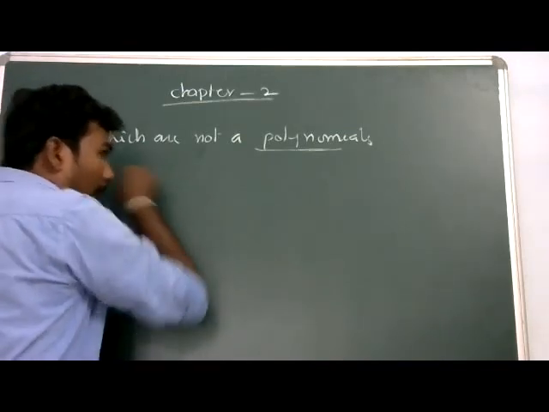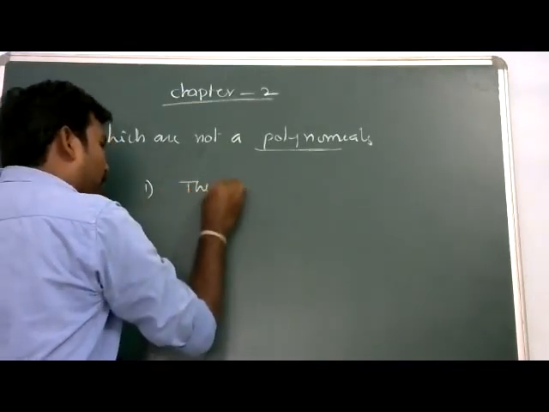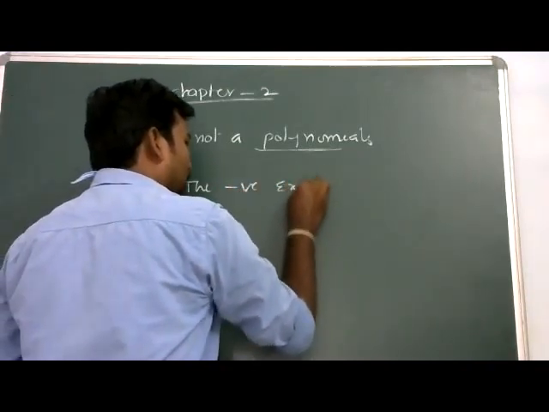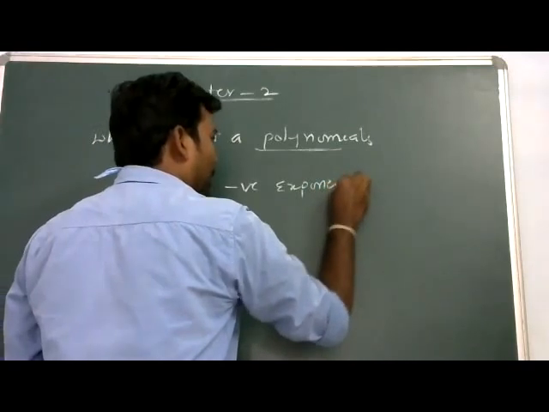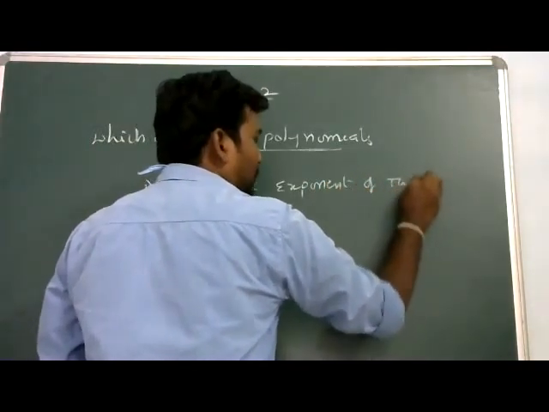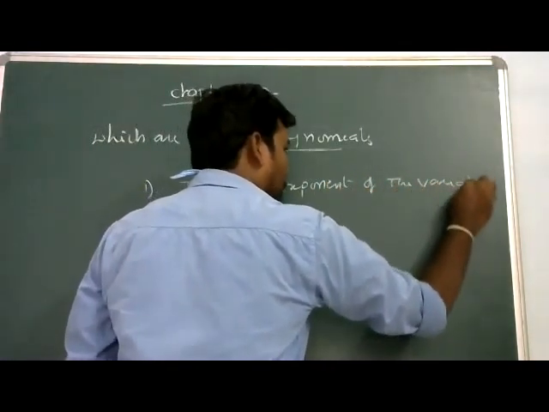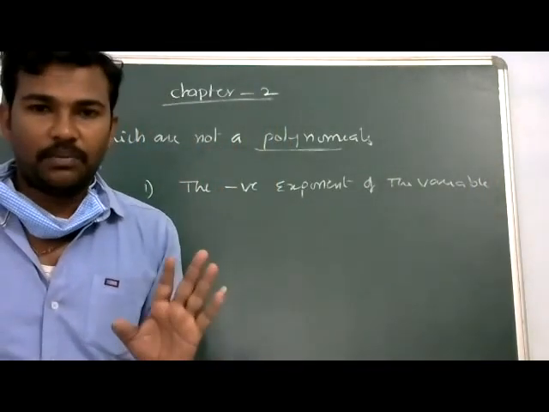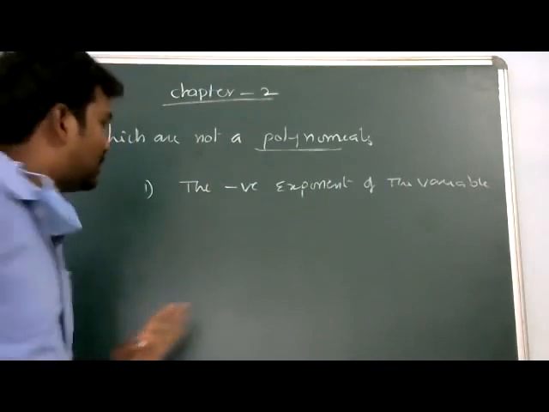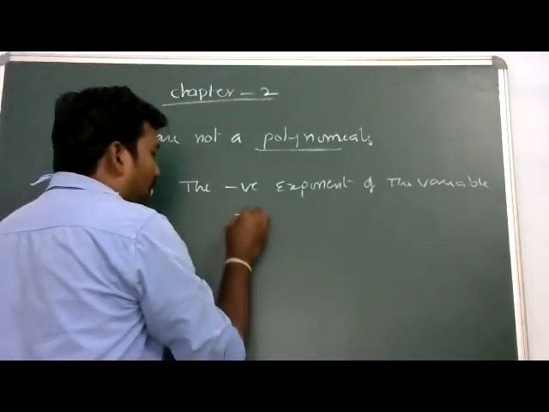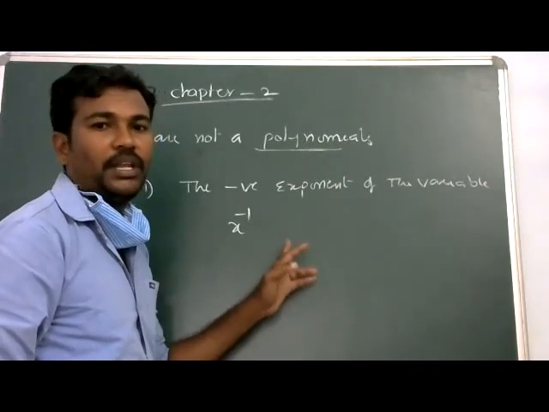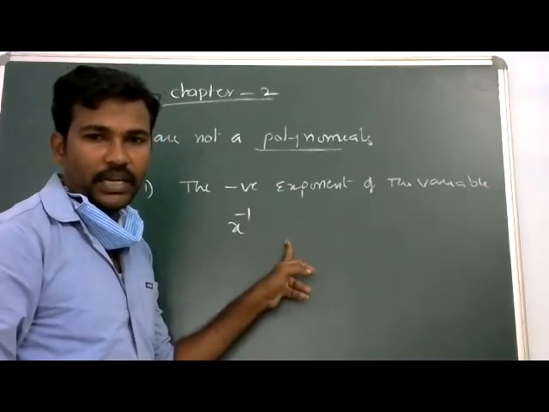First one is the negative exponent of the variable. When the variable has a negative exponent, that implies x power minus 1. Negative exponent means a negative integer.